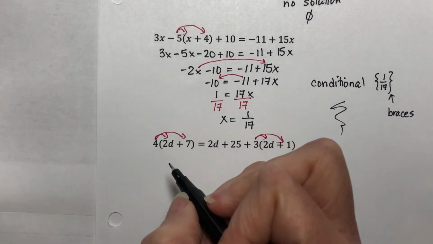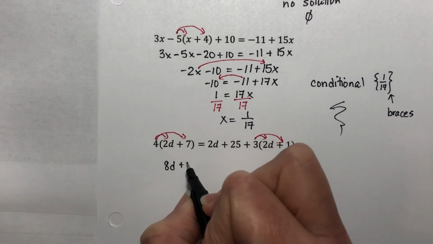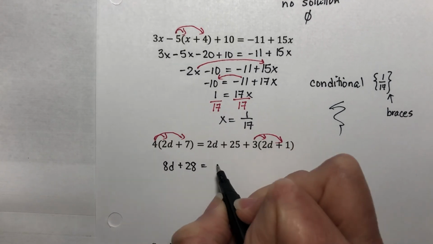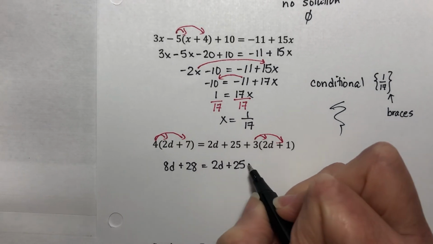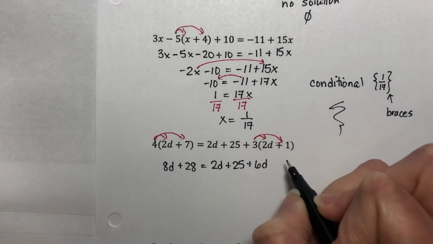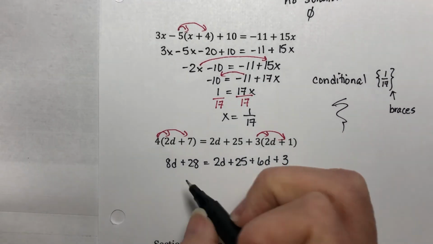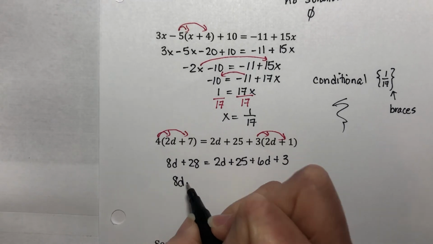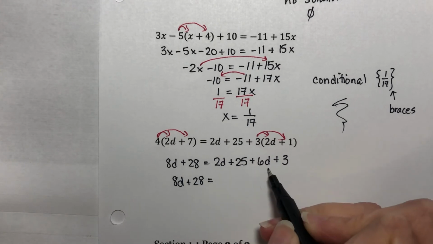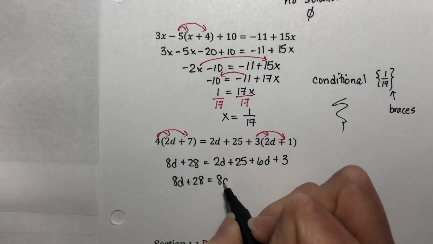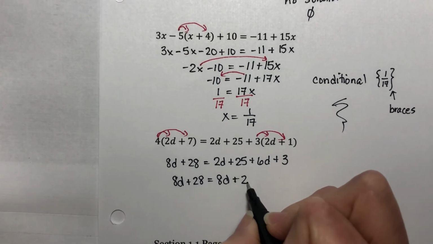So I get 8D plus 28 is equal to 2D plus 25 plus 6D plus 3. Let's combine like terms over here, and recopy the left-hand side. 2D plus 6D would be 8D. 25 plus 3 is 28.